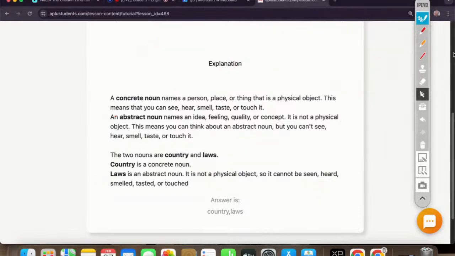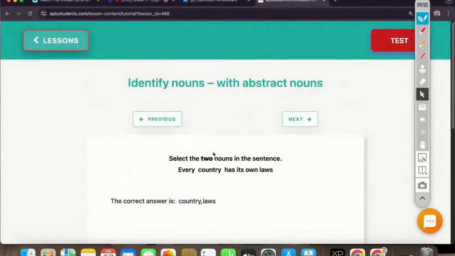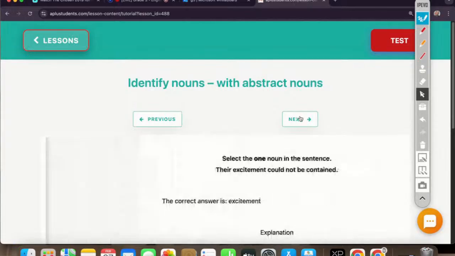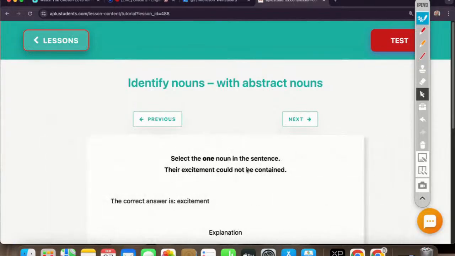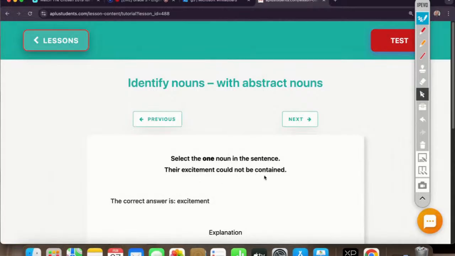Okay. So let's look at the example. Select the two nouns in the sentence. Every country has its own law. So two nouns are country and laws. Then what is the one noun here in the sentence? The excitement could not be contained. What do you think is the noun here?